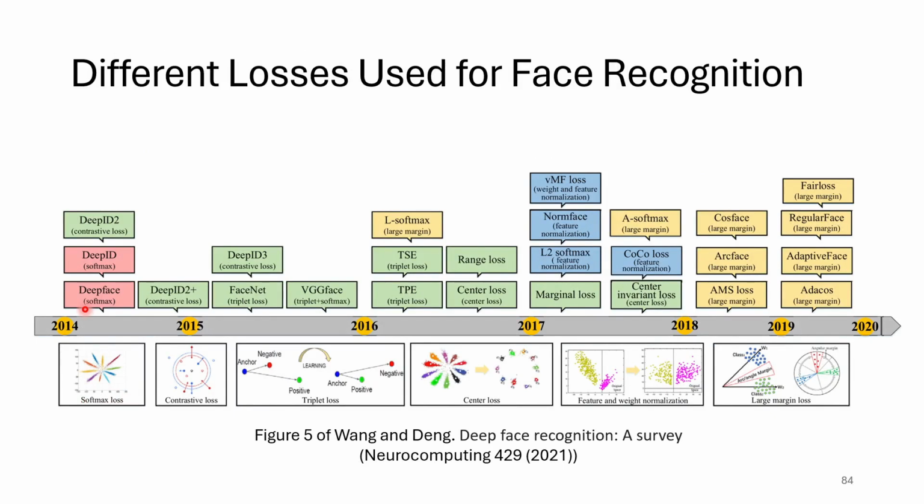Of course, they can change the loss. They can change it to some other types of mathematical expressions. Once they change it to the contrastive loss, they will generate some better performance. And the triplet loss, it means for every image, they will create a vector in the feature space.